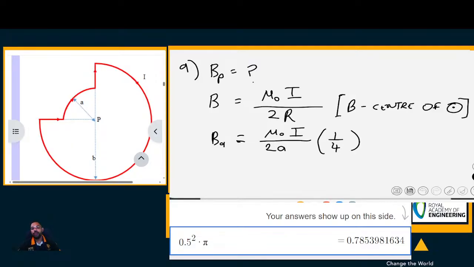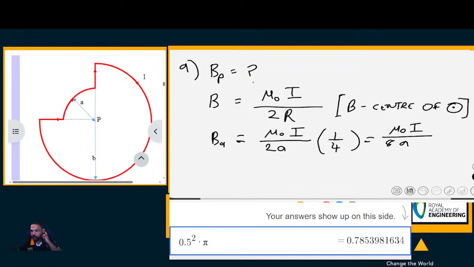Therefore the magnetic field due to that quarter of a circle of radius a is equal to mu naught times the current divided by 8a.